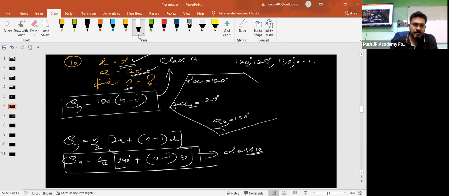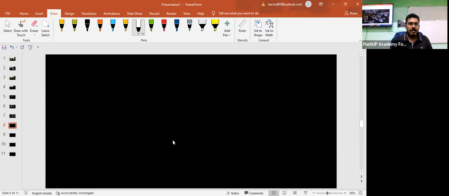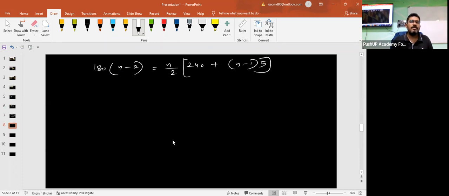Children, can't I say 180 into n minus 2 is equal to n by 2 into 240 plus n minus 1 into common difference 5? Can I equate both of them? Because this is the sum of the n angles, and this is also the sum of the n angles. So can't we equate both of them? Once we equate both the formulas, we will be able to figure out the value of n by solving the equation. Okay, so this is the logic.